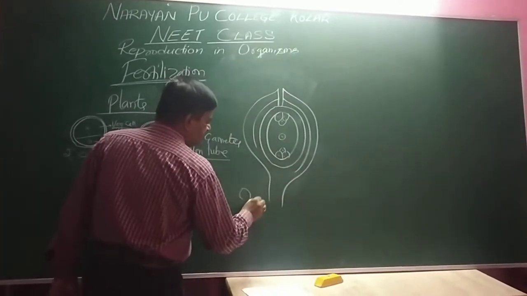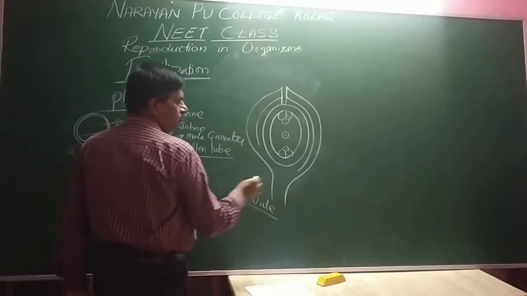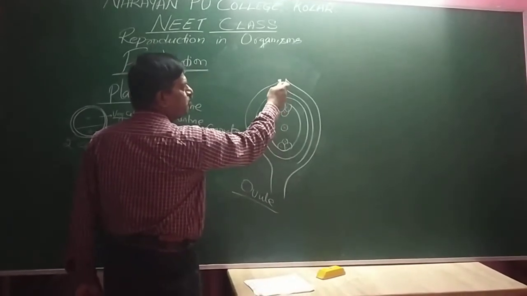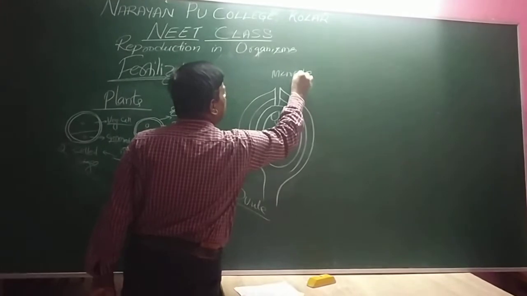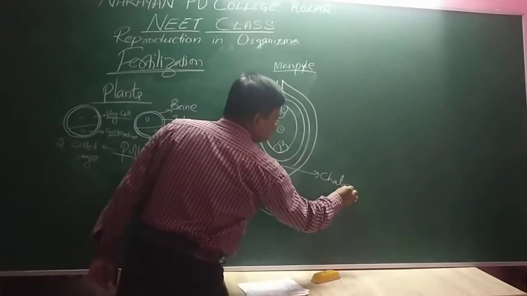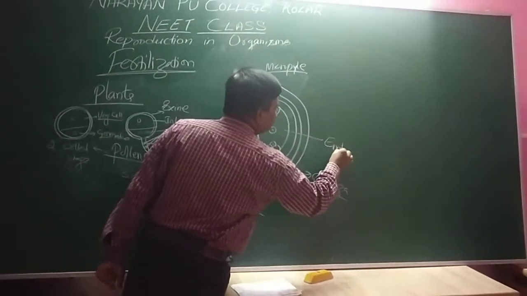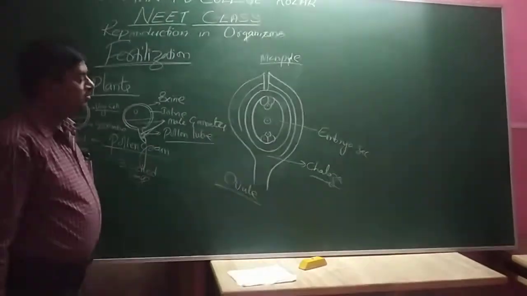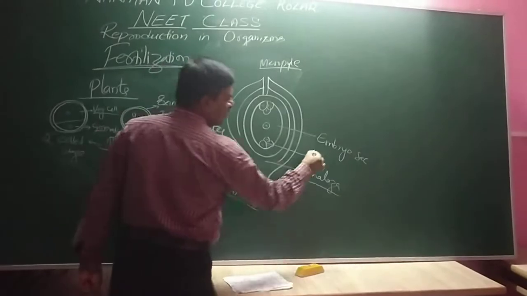This is the structure of the ovule. These are called integuments. This is called the micropyle, and this is called the chalaza. This is called the embryo sac.